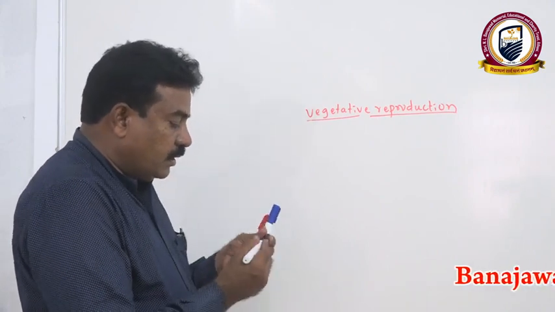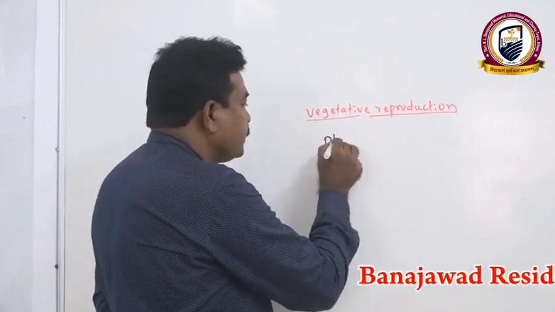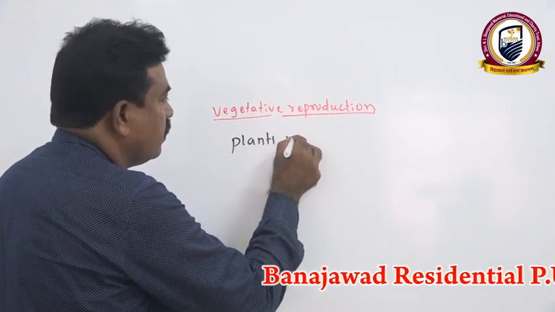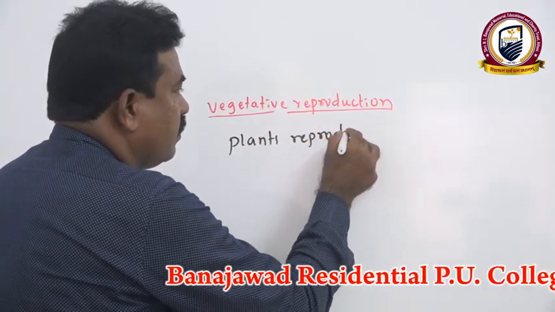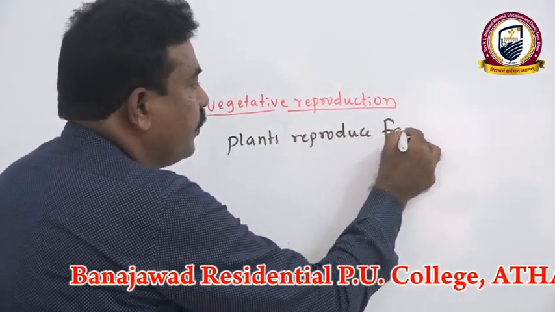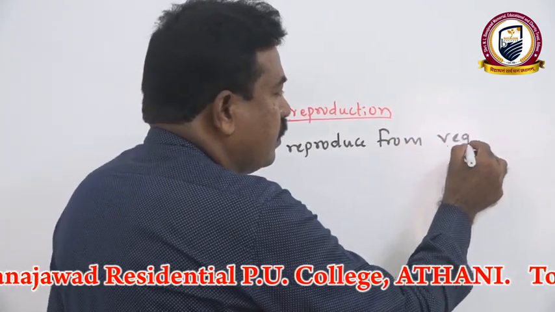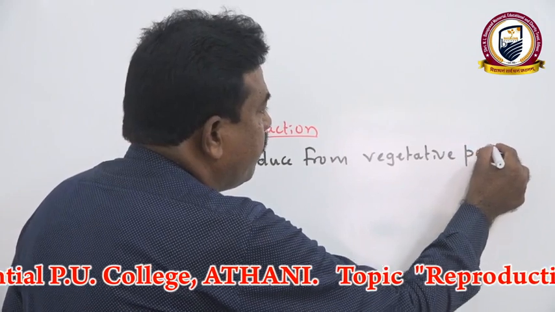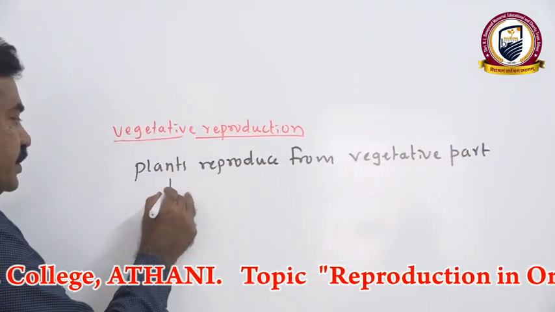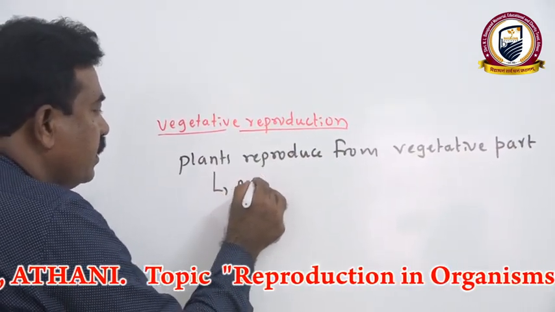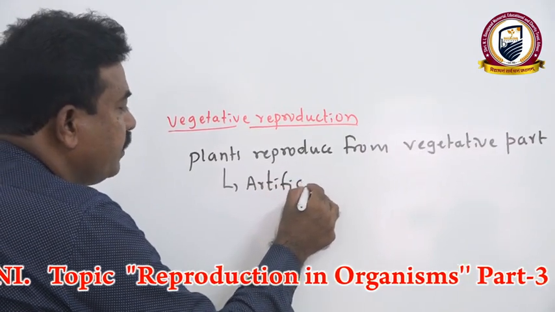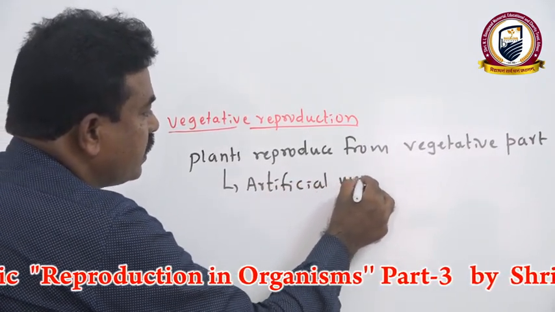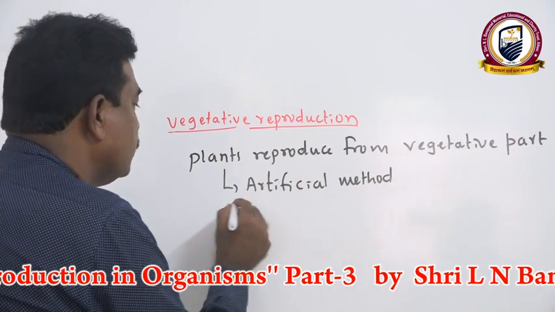If the plants reproduce from a vegetative part, that we call vegetative reproduction. It may be an artificial method as well as a natural method.